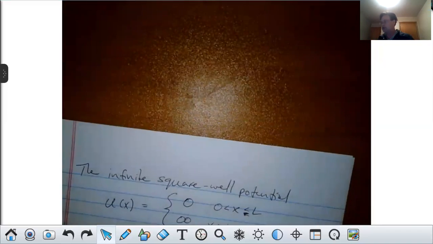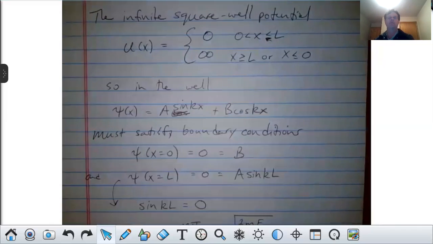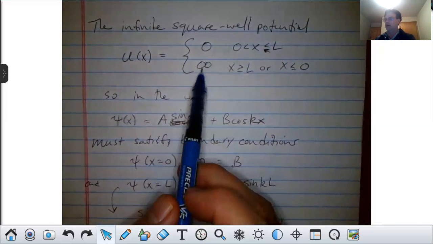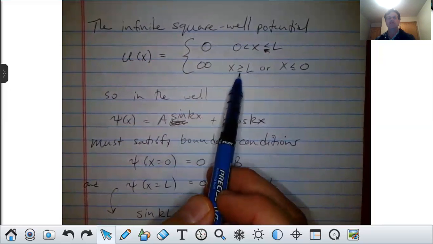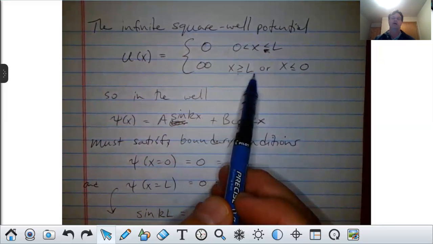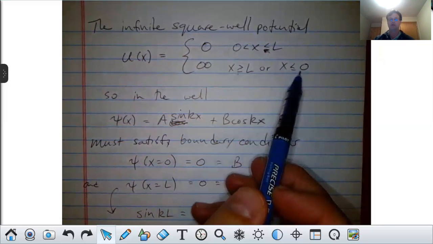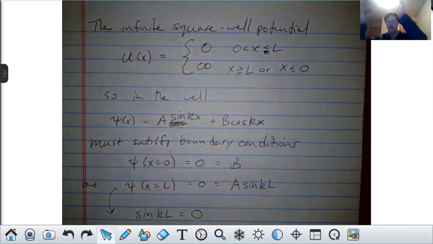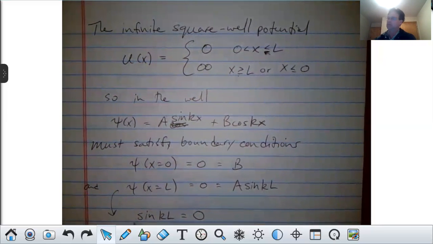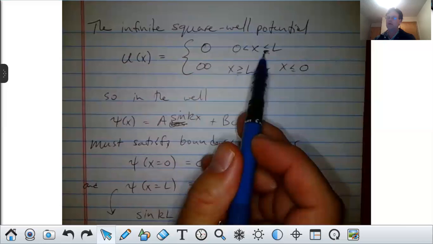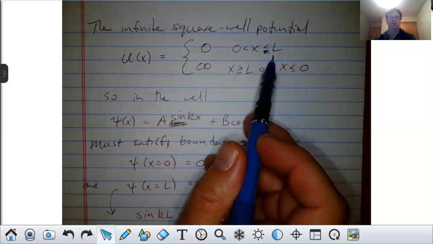Okay, so let's go to that case of our infinite potential well. Again, the potential is infinity if x is greater than or equal to L, or x is less than or equal to 0. So we've got these big infinite walls that the electron cannot get over, and it's 0 between 0 and L inside the well.